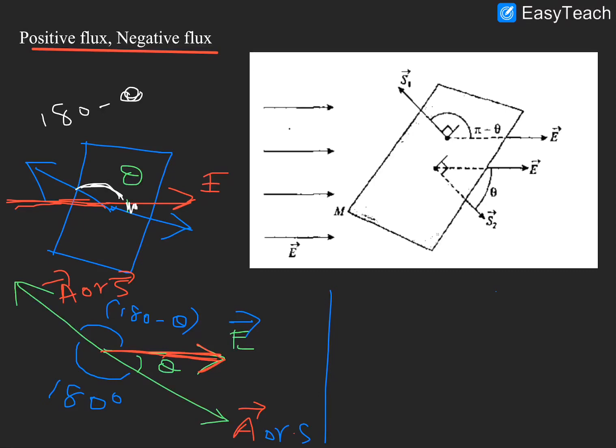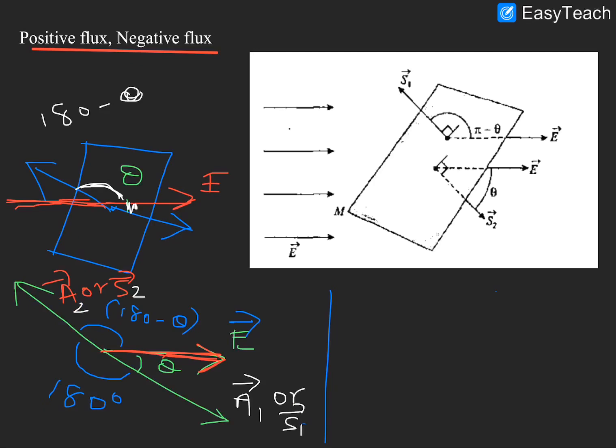That is represented here. Now for the area vector, let us consider that this is 1. So there is an area vector. Let us consider that it is A1. This is A1. Let us consider that this is A1 or S1 and this is A2 or S2.